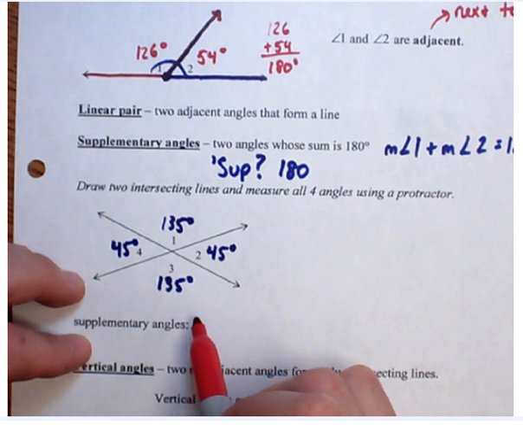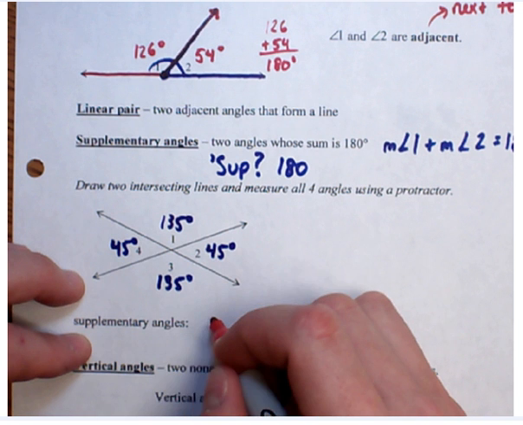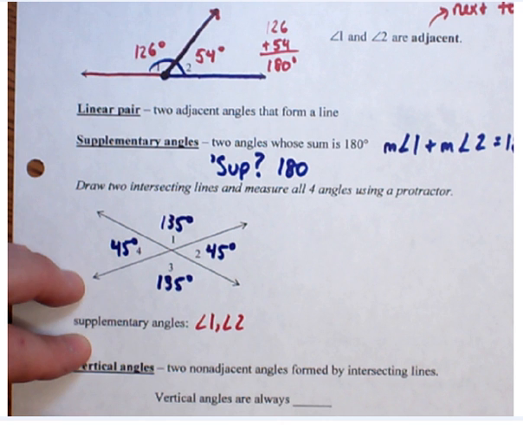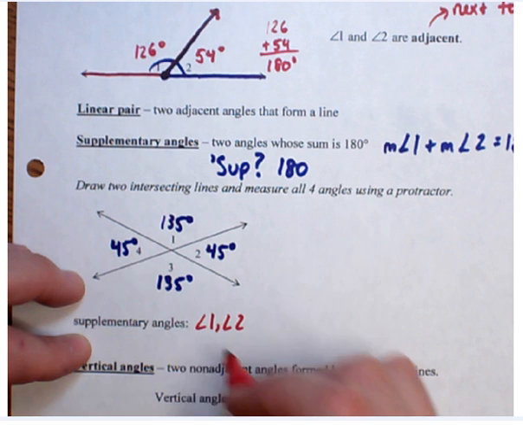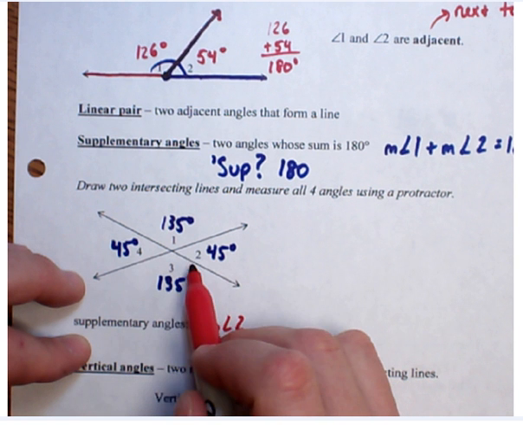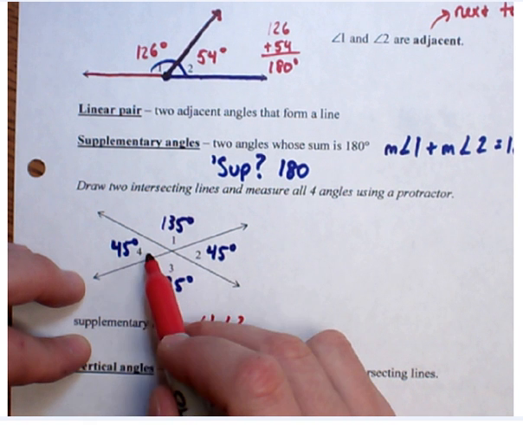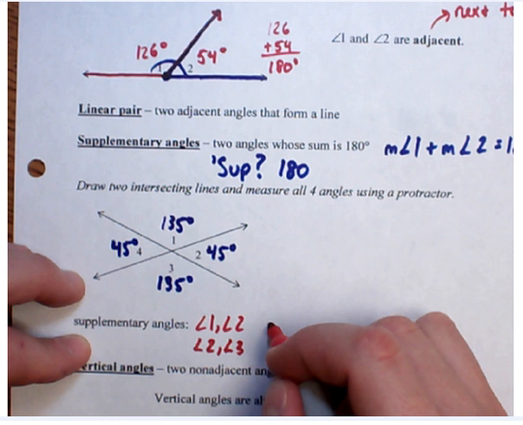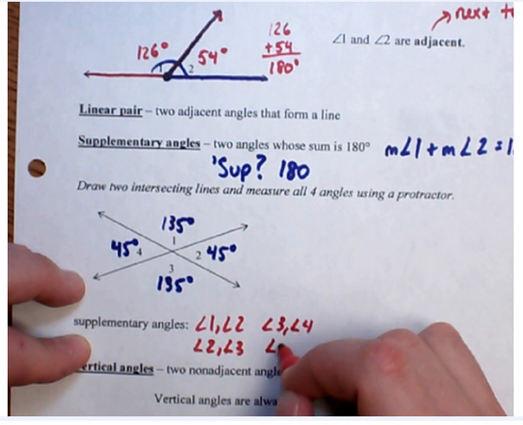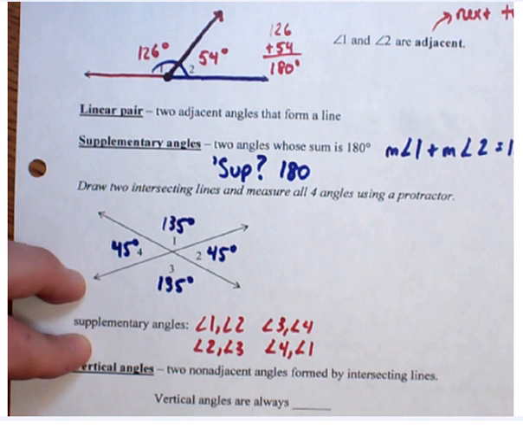You could say angle 1 and angle 2 are supplementary because they add up to 180. Angle 2 and angle 3 add up to 180. Angle 3 and angle 4 add up to 180. And finally, angle 4 and angle 1. You have four pairs of supplementary angles.